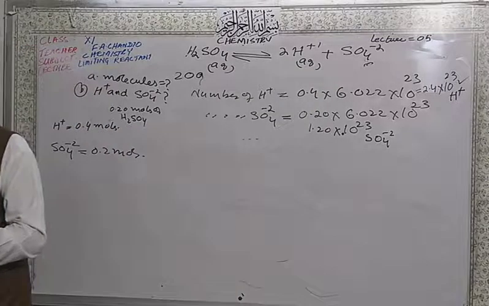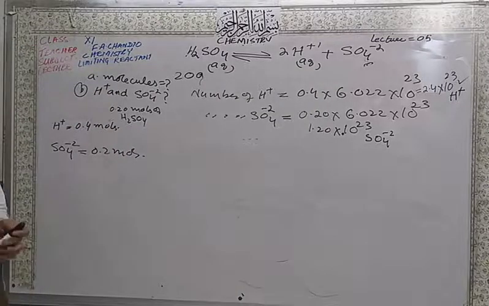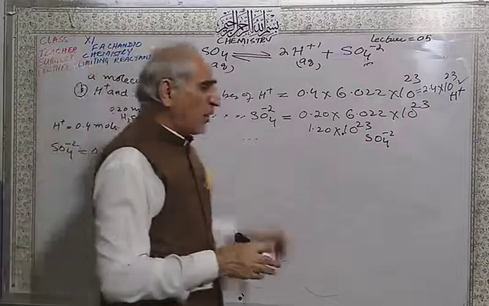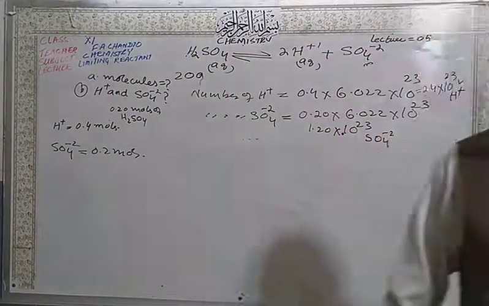Hydrogen ions are double because there are 2 hydrogen ions and 1 sulfate ion.